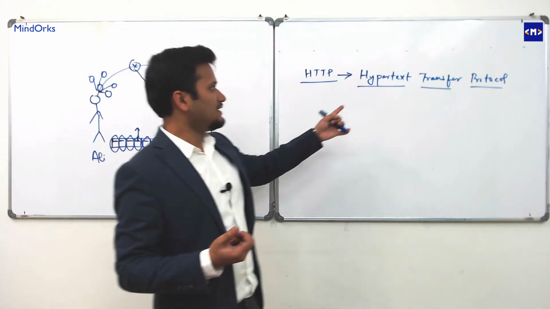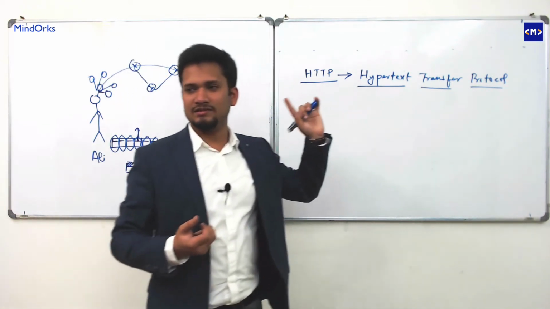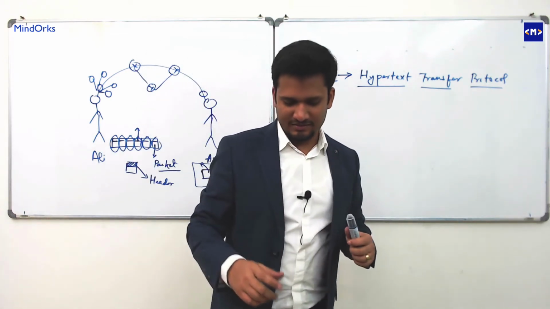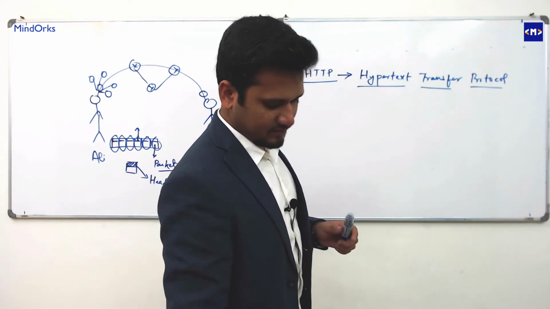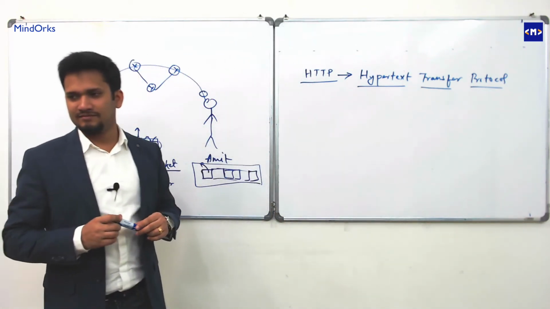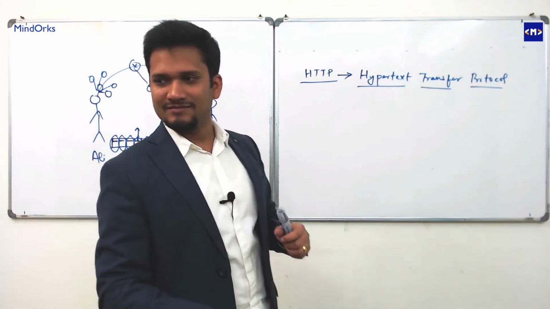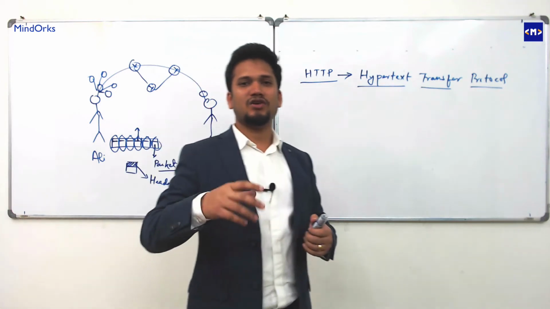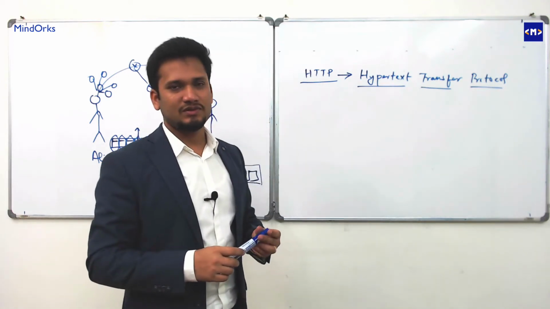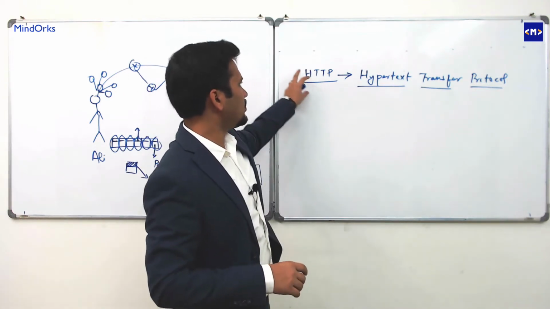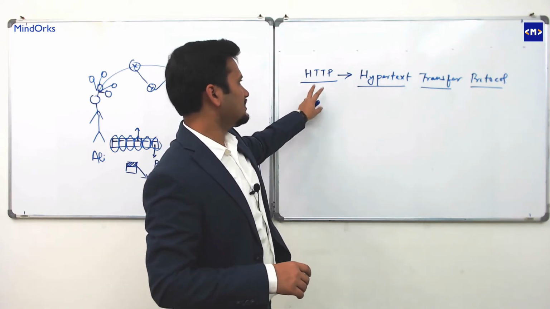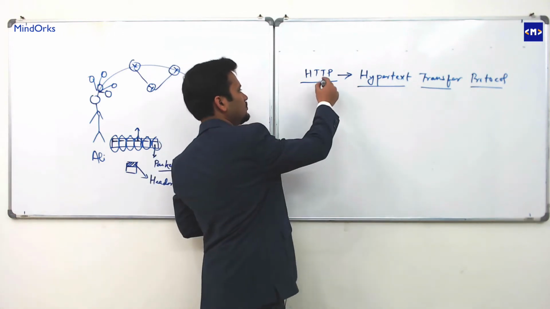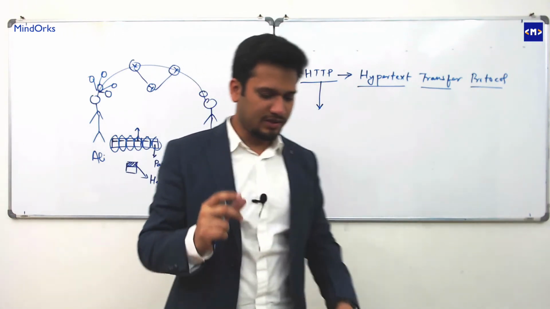Is that hypertext? The JSON that you are sending, is it hypertext? It's 50-50, yes and no. That is not hypertext, because it does not have any link to another web resource. Historically, HTTP was designed for web pages, but now it has been extended to support all kinds of documents.